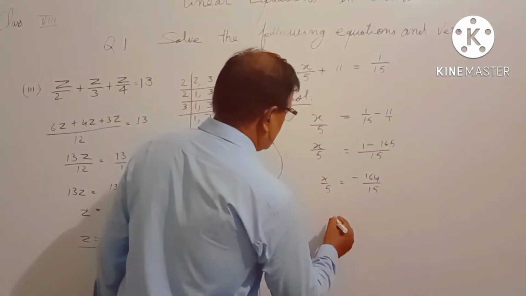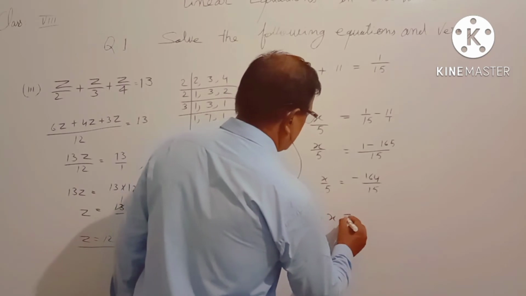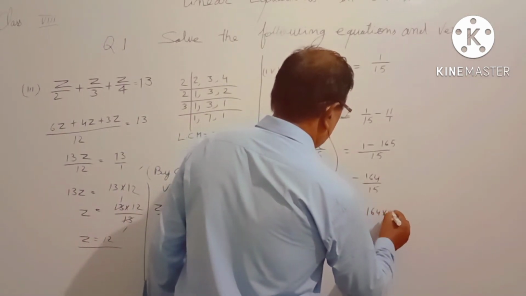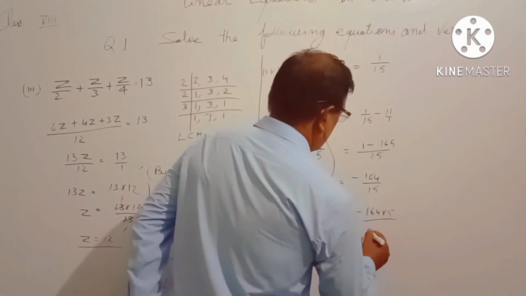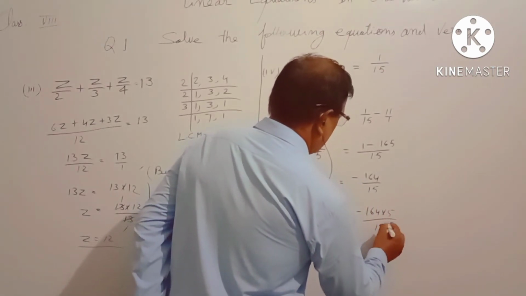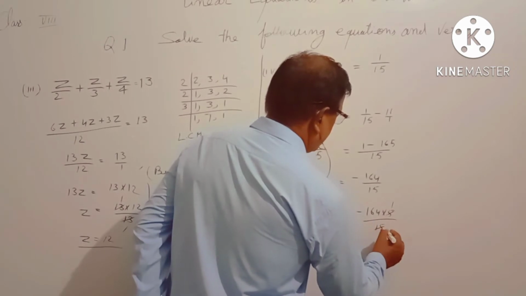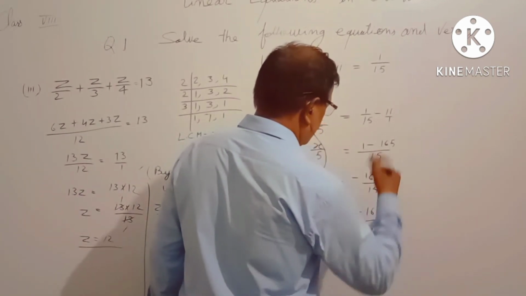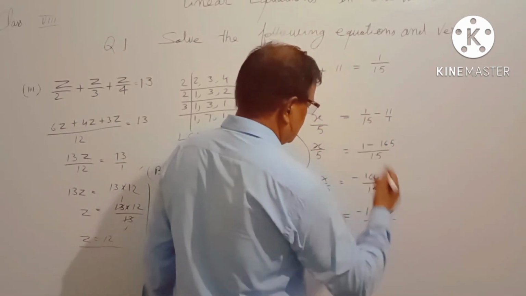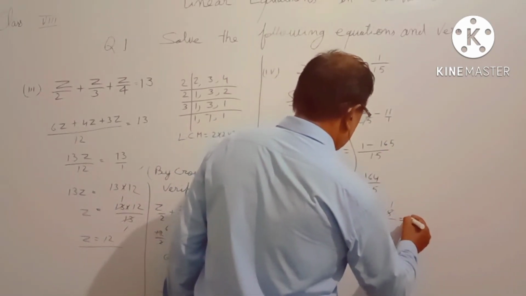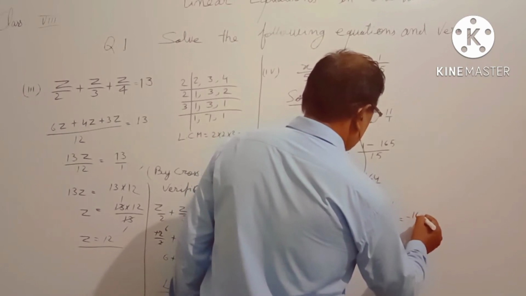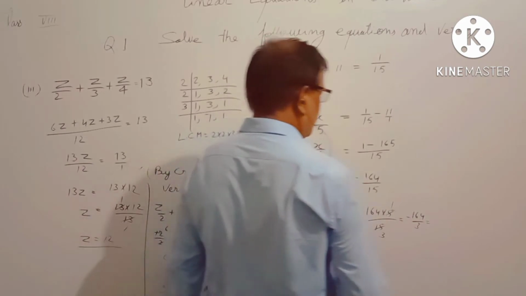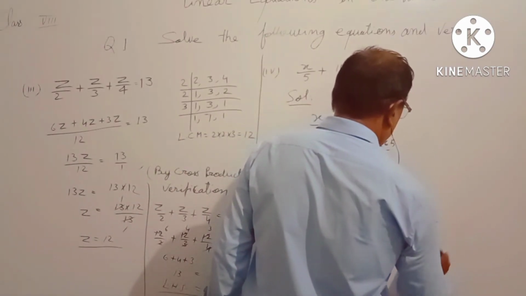Now by cross product x will be minus 164 multiplied by 5 and divided by 15. 5 ones are 5, 5 threes are 15. Now it is not possible to cancel it. Now we will write here as minus 164 by 3.